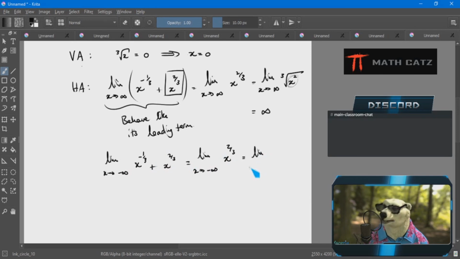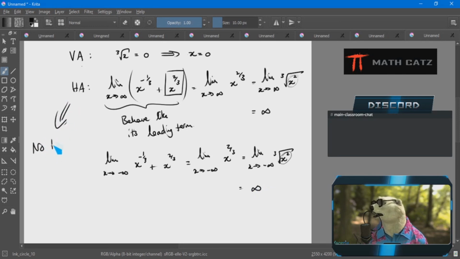Now perhaps I don't love the look of it. I prefer some roots. It just feels more intuitive to me. x is large but negative. x squared is going to make that large positive. Cube root of a large positive number, large positive. So conclusion, no horizontal asymptotes.